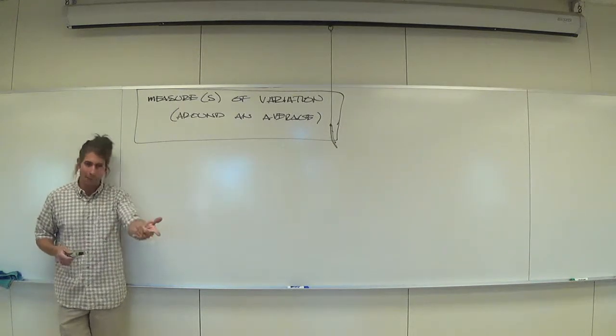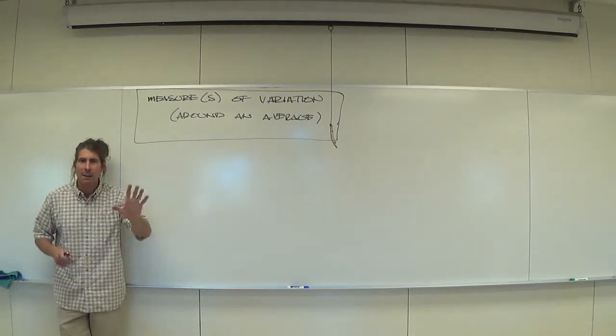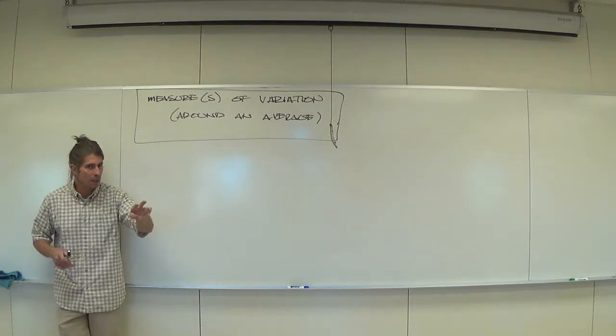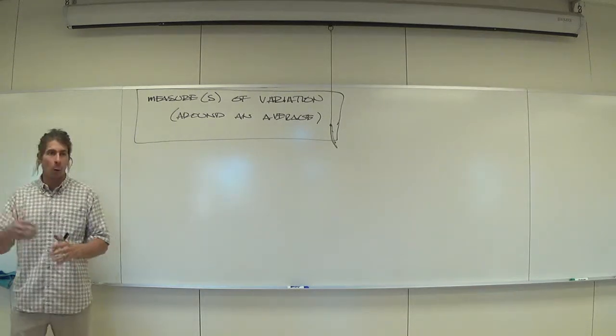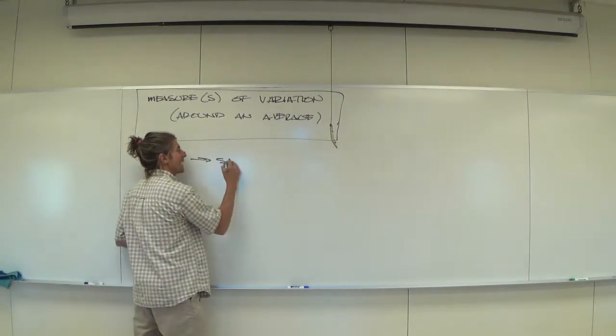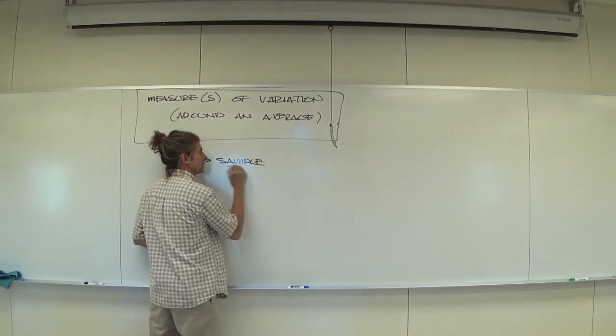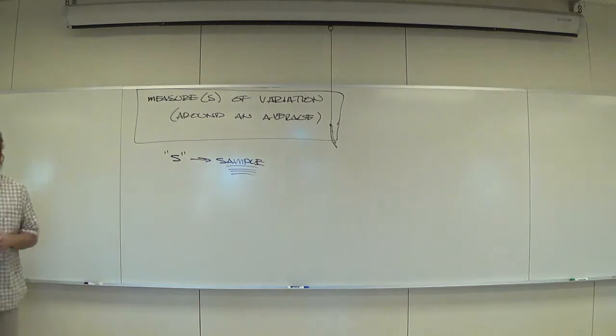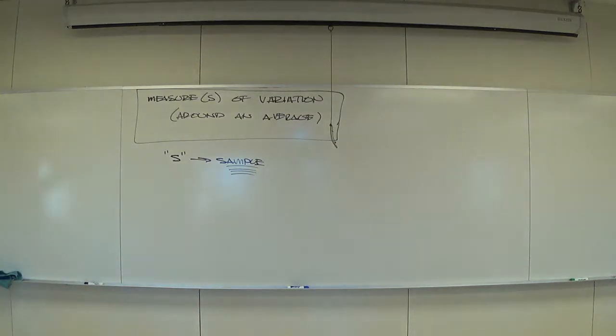Did I mention mu, little sigma? Yes. So the big takeaway is we're using little s because we're talking about a sample standard deviation. Little sigma is the population, and that's great because it exists, but we don't ever know it because we can never get the entire population except in very specific instances.